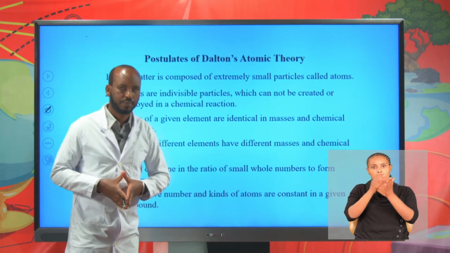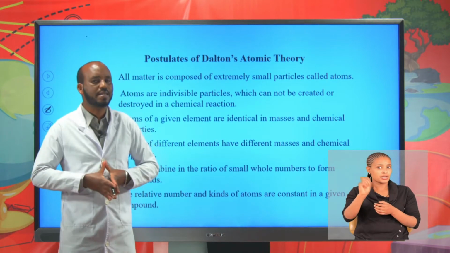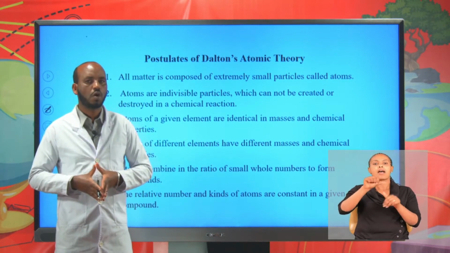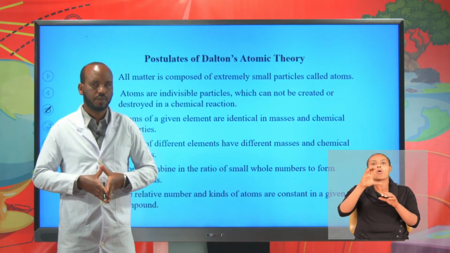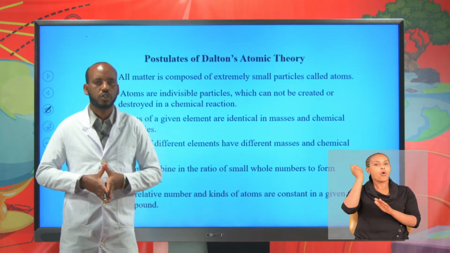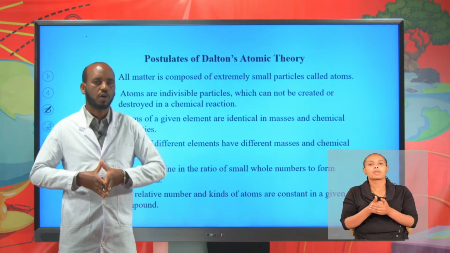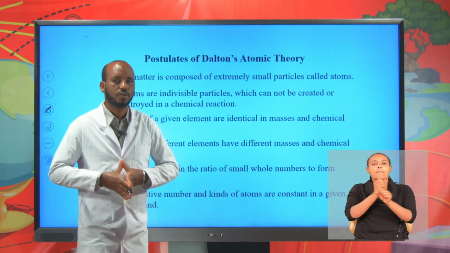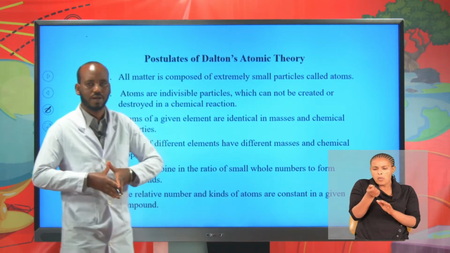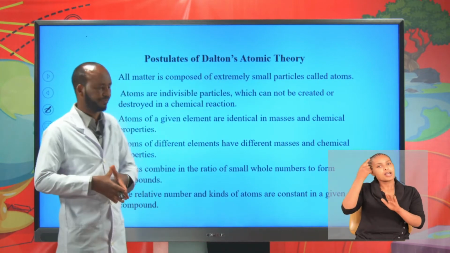For example, tips of a pencil is made from carbon atoms. Copper foil is made from copper atoms. Gold foil is made from gold atoms. Therefore, matter is made from small particles known as atoms, according to Dalton's atomic theory.